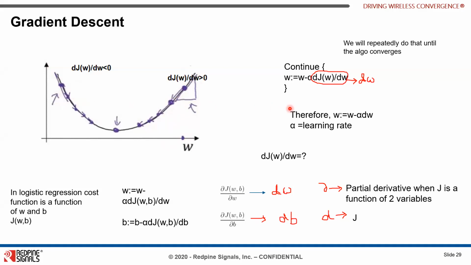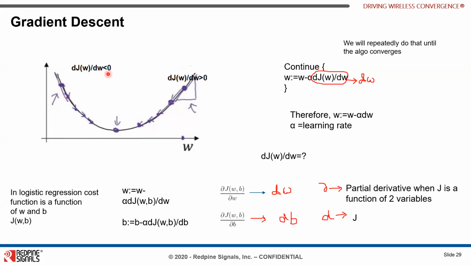Now, while you are updating, for example, I'm writing W = W - alpha times a slope. Suppose I am at this particular position. Here dJ(W)/dW is negative, less than 0, because the slope is negative here.